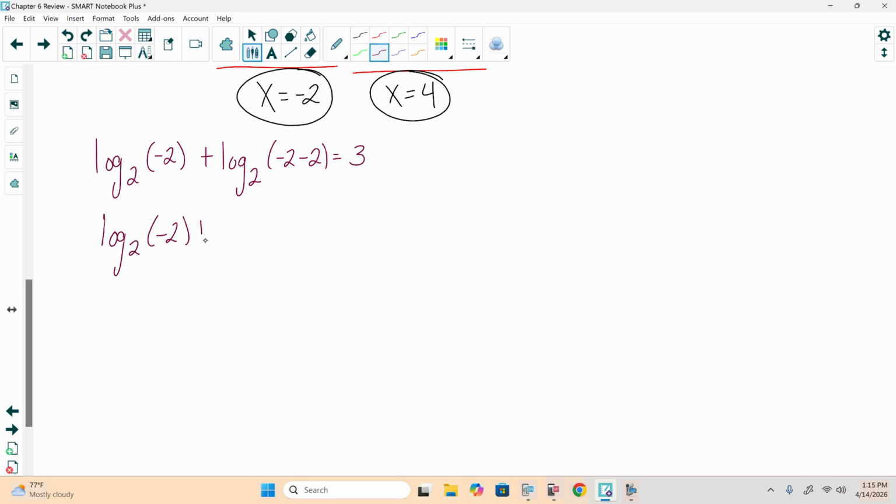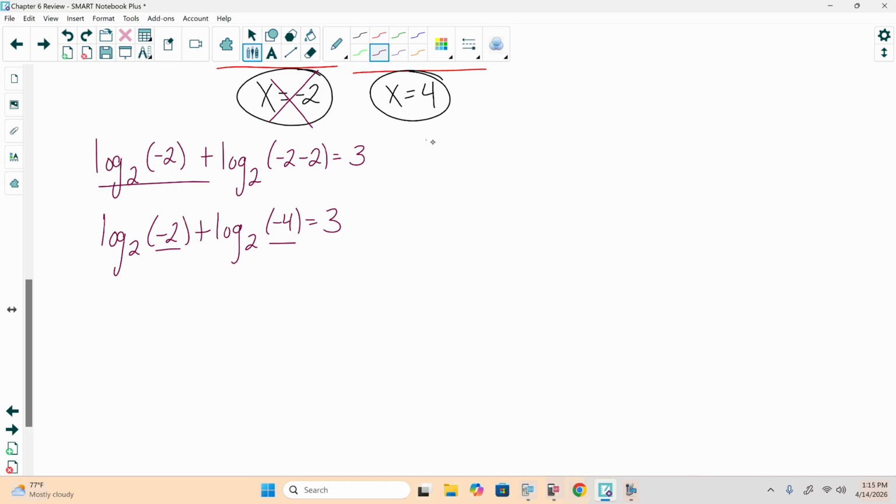Really, at this point, we could have already said it didn't work. Log base 2 of negative 2: there's nothing I can simplify any further. I'm taking logs of negatives, so we can throw it out. I cannot take the logarithm of a negative number.